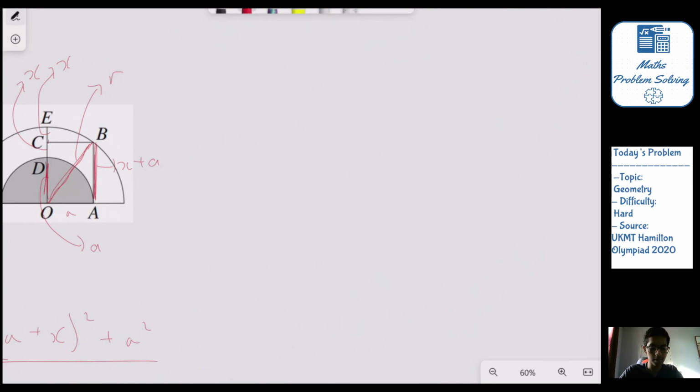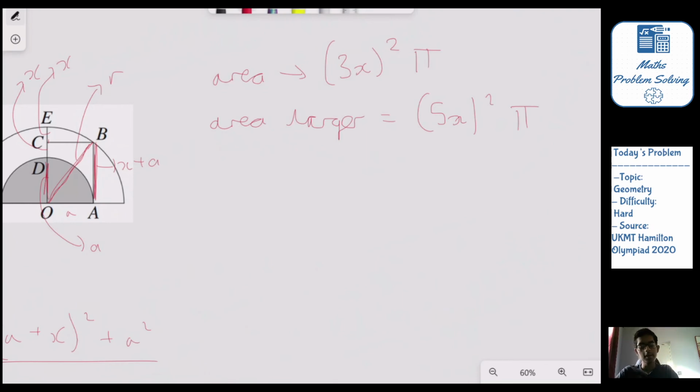If we write the area of the smaller semicircle, that equals 3x, which is the radius, squared times pi. And the area of the larger one is 5x all squared times pi. Here's a bit of a shortcut. We know the ratio between the radii of the two semicircles is 3x to 5x.